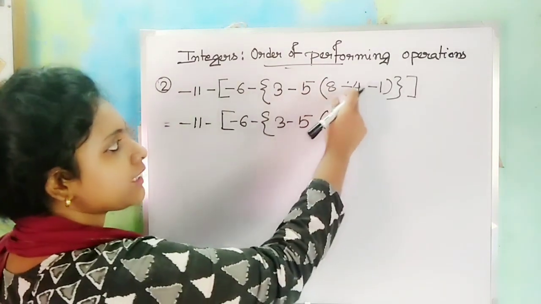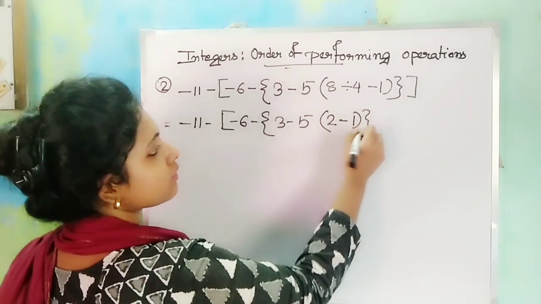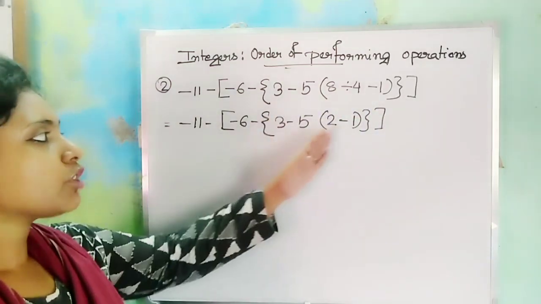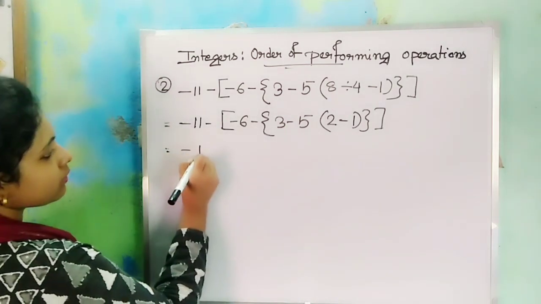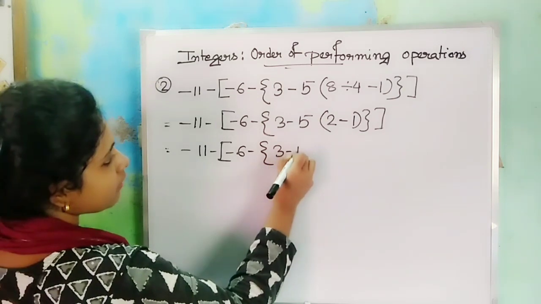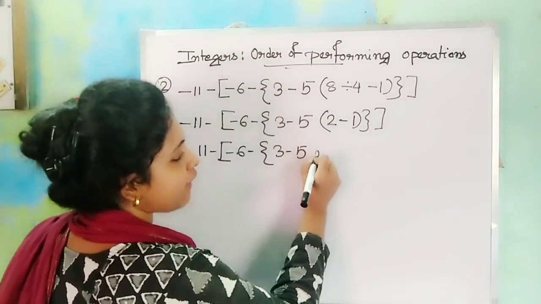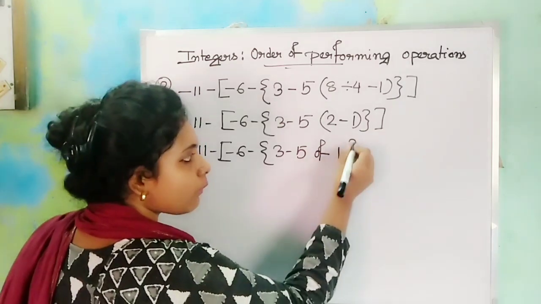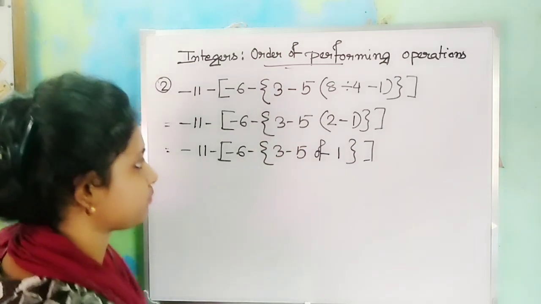See, 8 divided by 4 means 2, minus 1. Next we do 2 minus 1, which means 1. That is 5 of 1, because this is of.